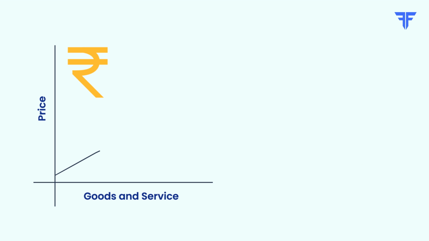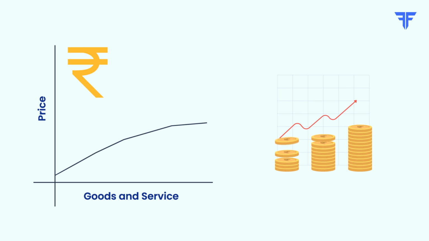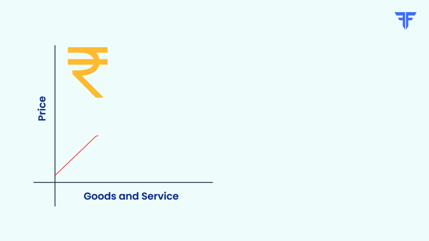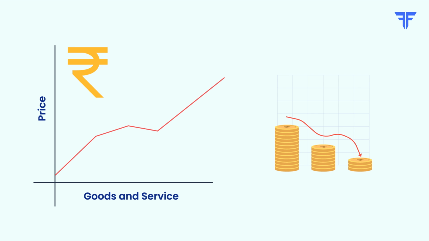A moderate increase in the price level of goods and services is generally accepted and in fact benefits the growing economy. However, too much inflation erodes the value of money, which creates problems on the individual level as well as on the economy level.